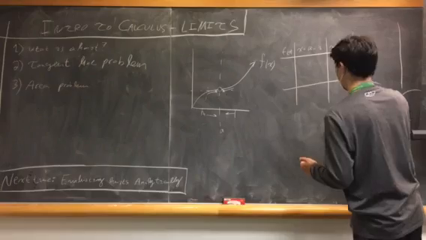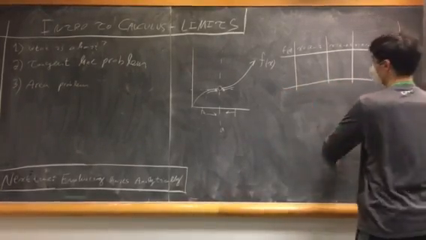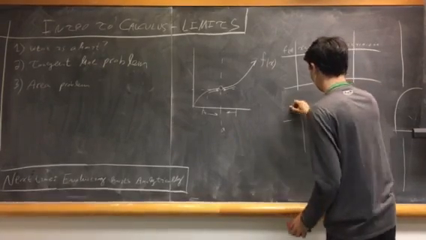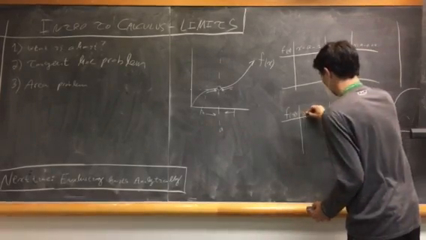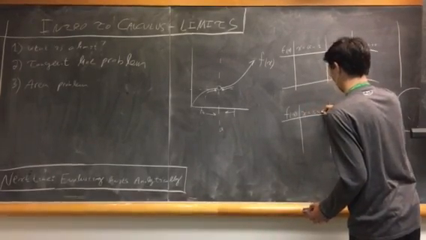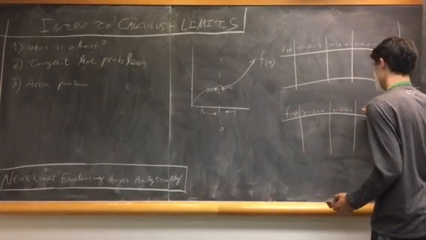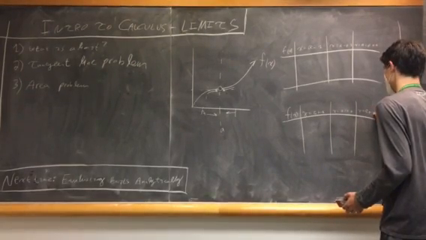So we're getting closer and closer to a. And then let me create another table of f of x. We start with x equals a plus 1 and move to x equals a plus 0.1, and then x equals a plus 0.01.